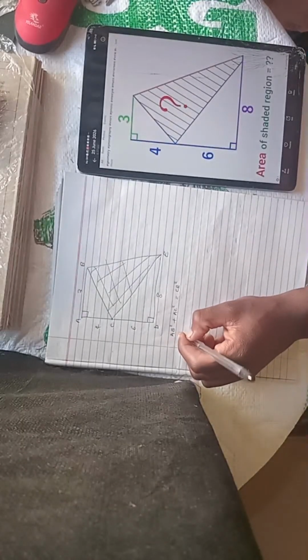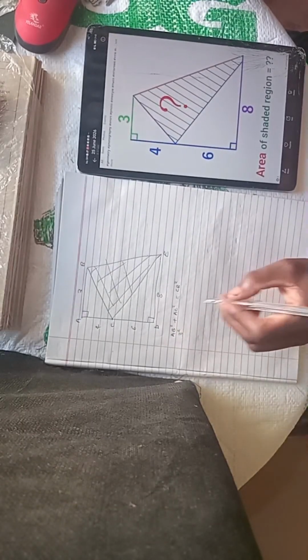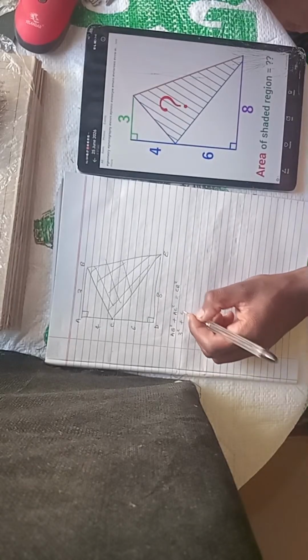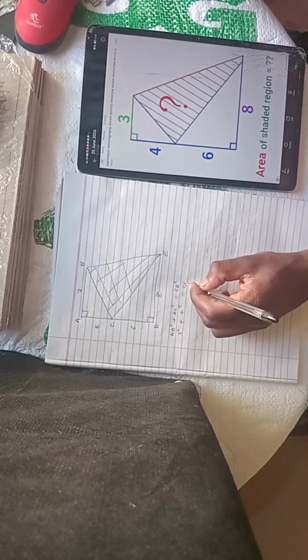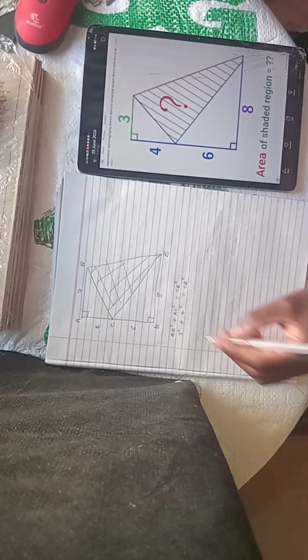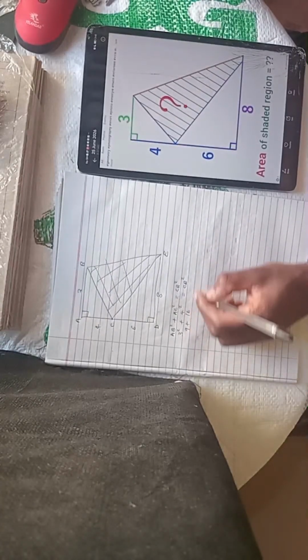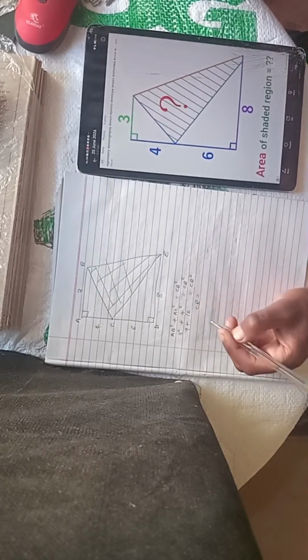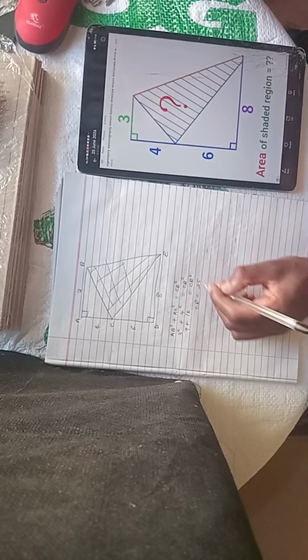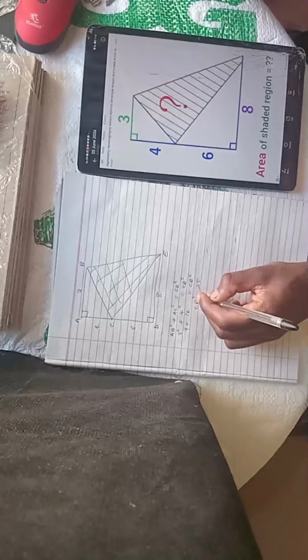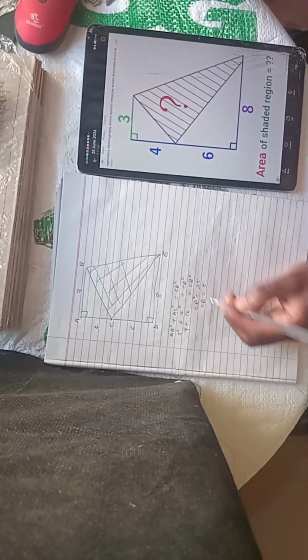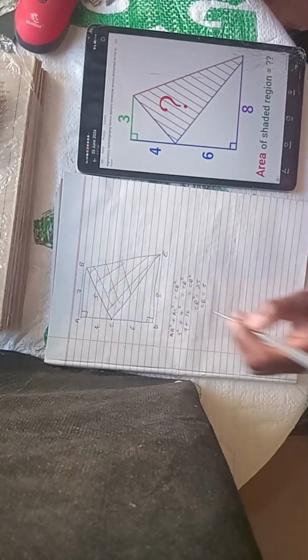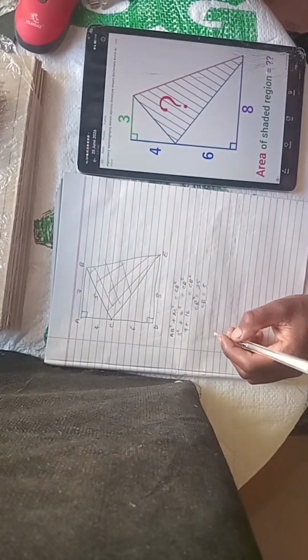For AB is 3 squared plus AC is 4 squared, should be CB squared. This being 9, this being 16, this being CB. CB squared being equals to 25. Therefore, CB is equals to 5. This is 5.